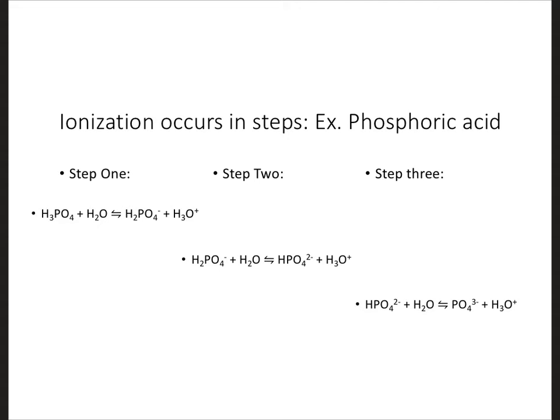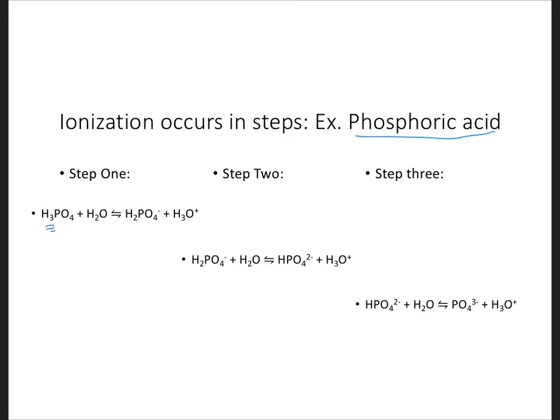So ionization occurs in steps. What we would do is look at the initial acid. Phosphoric acid is the one that's been given to us in this example. We just said it was a triprotic acid. We can reconfirm that for ourselves because we see that there are those three hydrogens. So this molecule could actually lose up to 3 protons, but they would happen in steps.